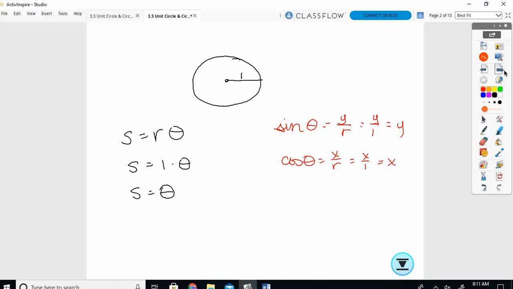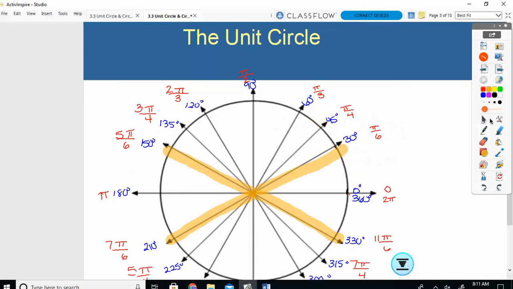So we are going to add ordered pairs to this. And when I look at these ordered pairs, the x value is your cosine, and the y value is the value of sine.